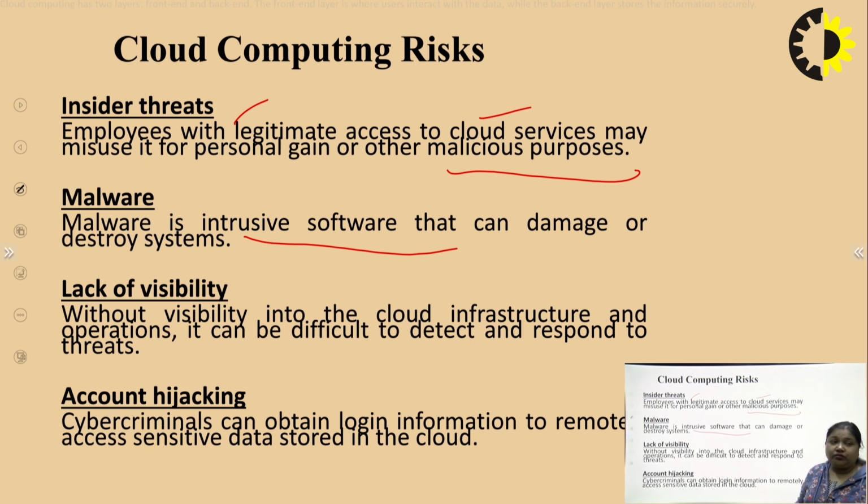Without visibility into the cloud infrastructure, it is very difficult to detect and respond to threats. So first of all, when we are working on some software or applications, we need to list out all the possible ways which can be harmful to our software. So visibility, taking all these aspects into a frame, is very much needed.